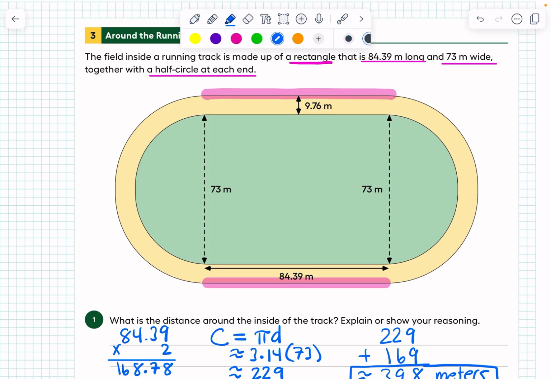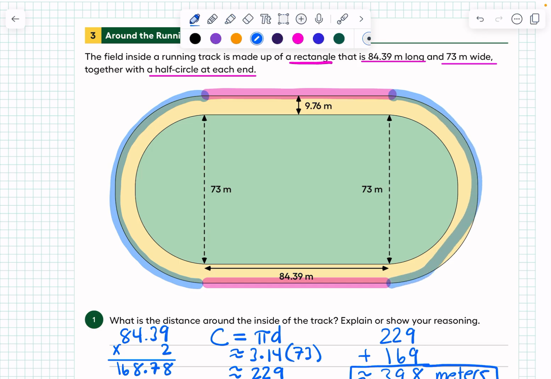This piece right here is different than what was on the inside, okay? And the main reason is because the diameter has changed. The diameter is not 73 here anymore. So we've got to calculate this diameter out.